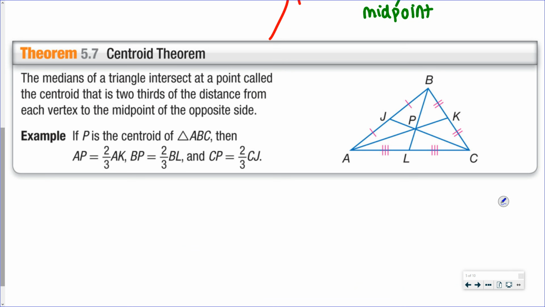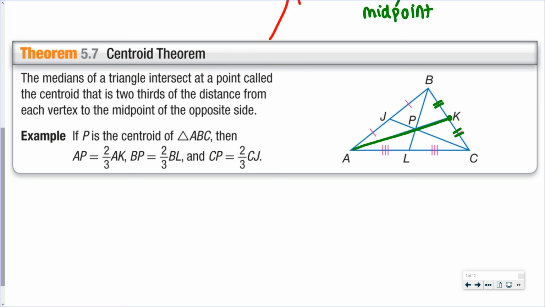All right, so if I were to highlight one of the medians, I'm going to highlight AK for a second in green here. So from vertex A to the midpoint of the opposite side here, that'd be K. That's a median.